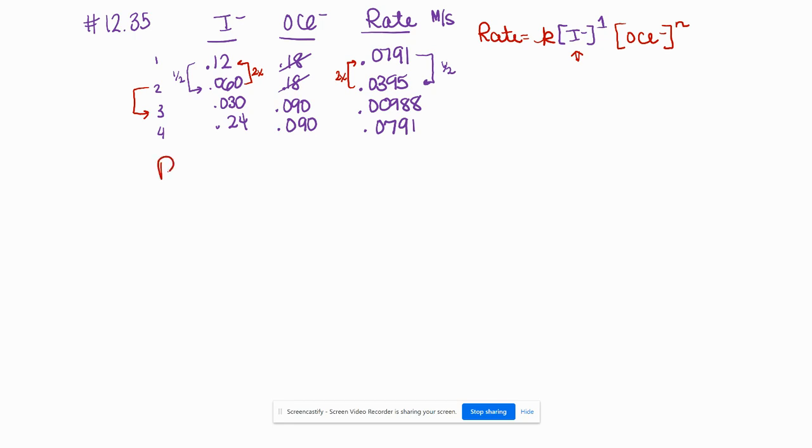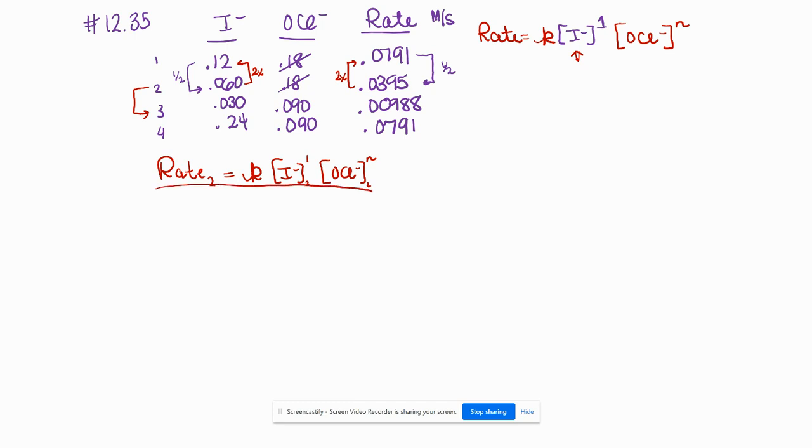We're going to compare rate 2 to 3. So rate 2 will equal K times I minus to the first order and the concentration in that run, OCl minus in the concentration in that run, but we don't know.